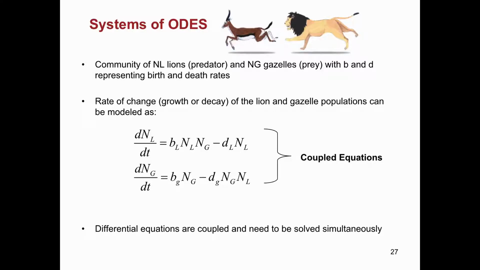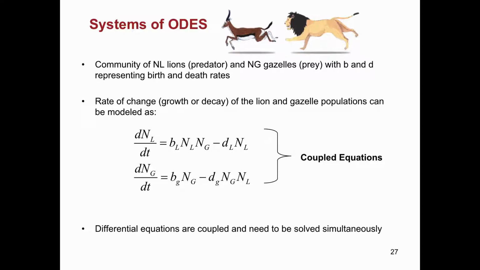It could be fictional predator and prey, anything that depends on having something else around. I have a certain birth rate and a certain death rate. As far as lions go, nobody eats lions other than people maybe, so people are missing in this equation, but let's say we have a system just with lions and gazelles.